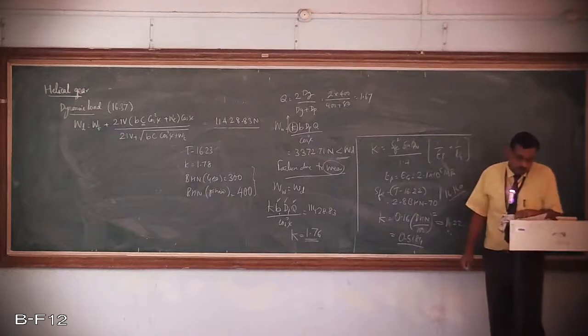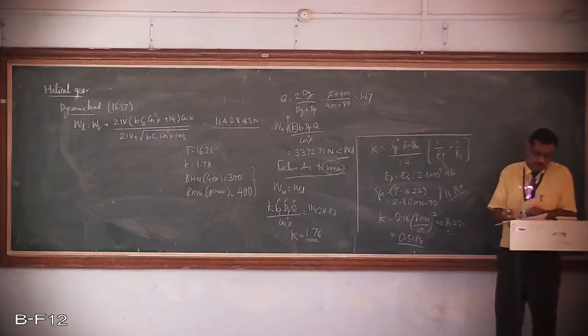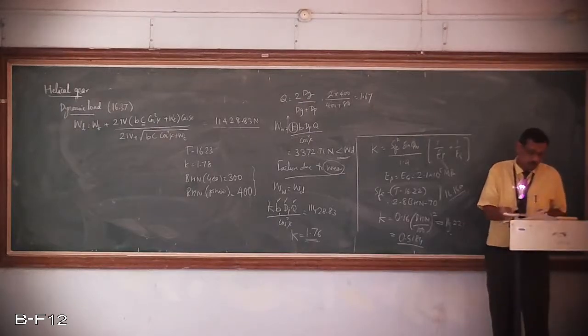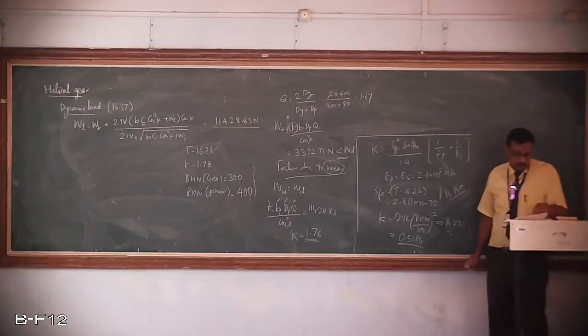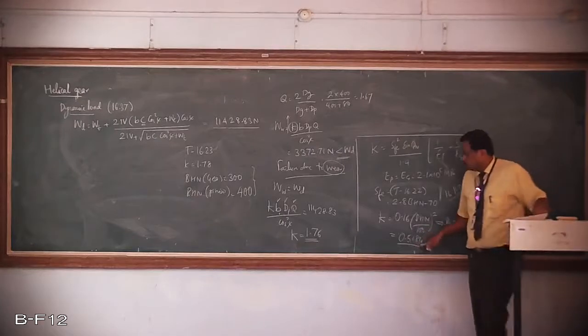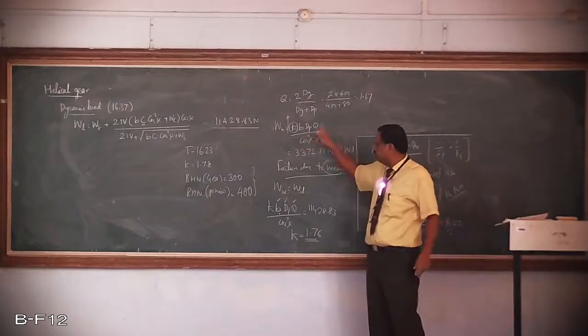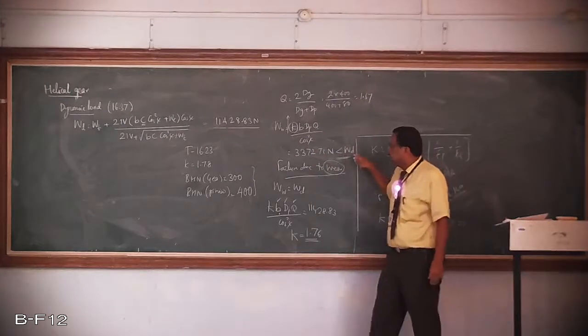If you make use of that equation, you can calculate the value of K. Or in helical gears, especially if both are made up of steel, it is given as 0.16 BHN square by 100. Let me make use of that. You get the value of K. Substitute the values of K, B, dP, Q, and you get the value. Check whether it's greater than that. It is less than this.